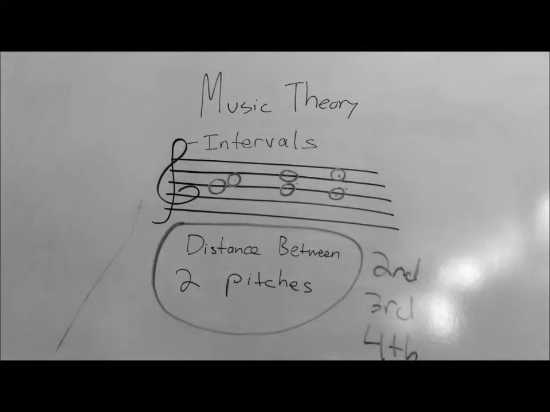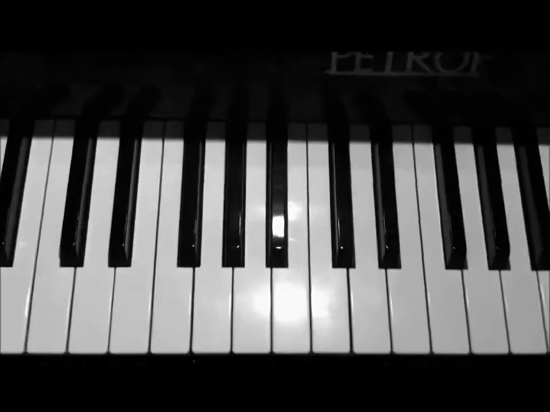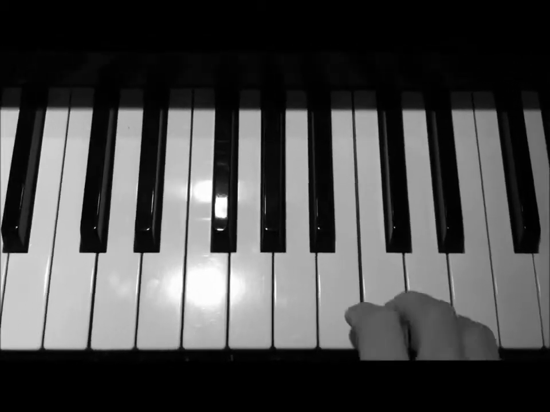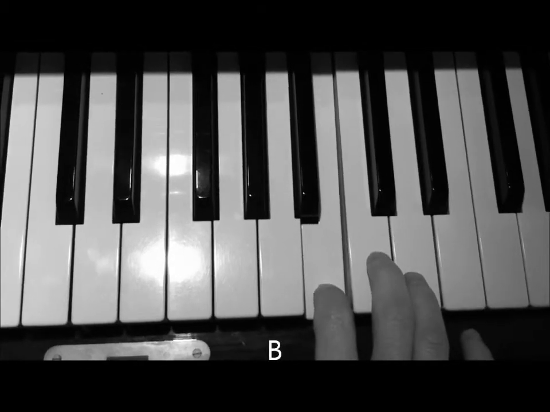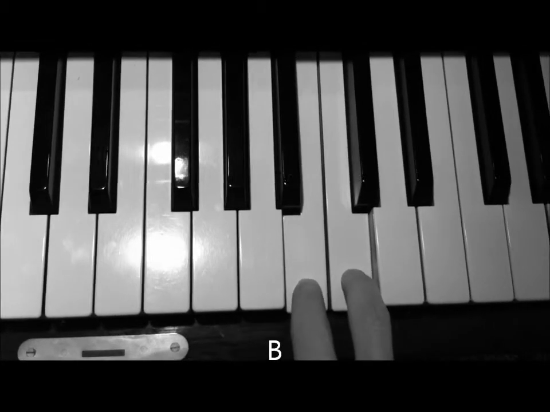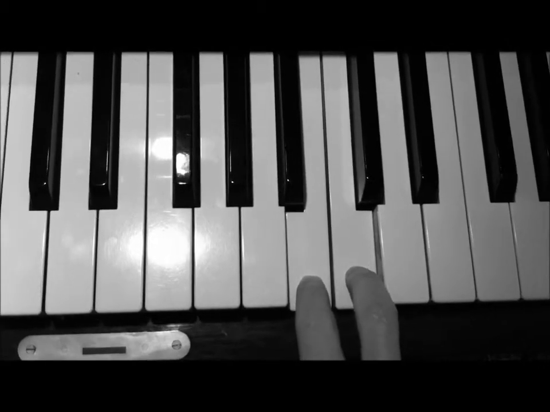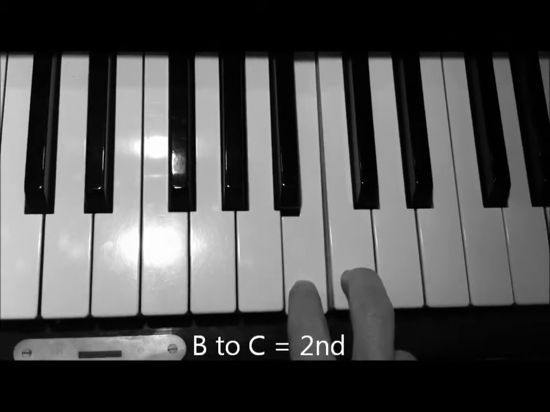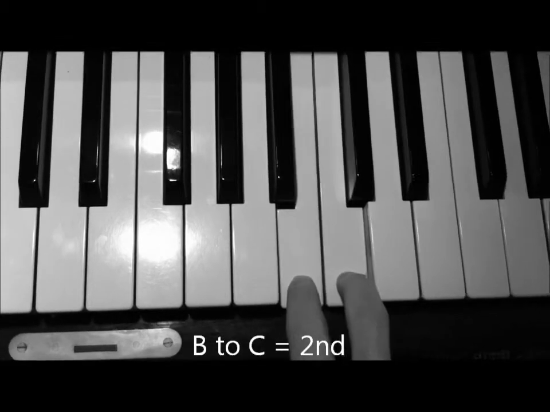So if I take the camera, we go right over here to the keyboard, okay, and let's say I play that same note, which is B, and I go from B up to C, right next to it. That's going to be a second. I just simply go 1, 2, and identify that as a second.